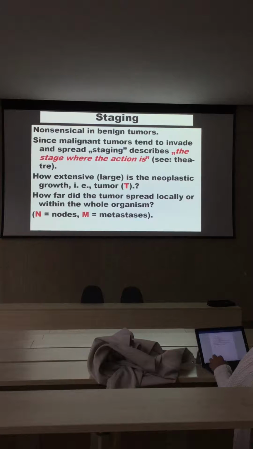Stage, if you want to use the original meaning of the English word, stage is the theater one.